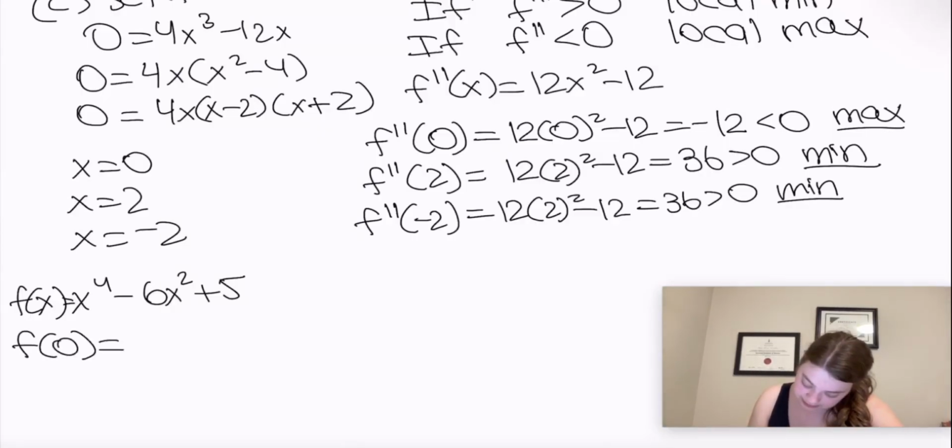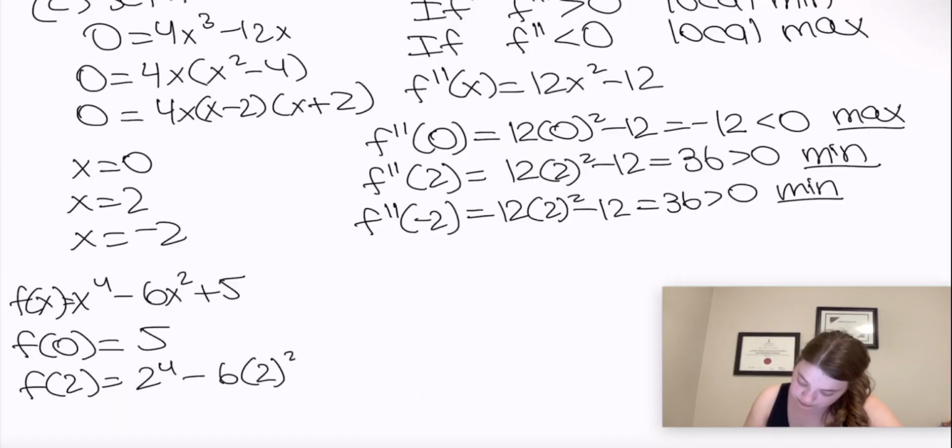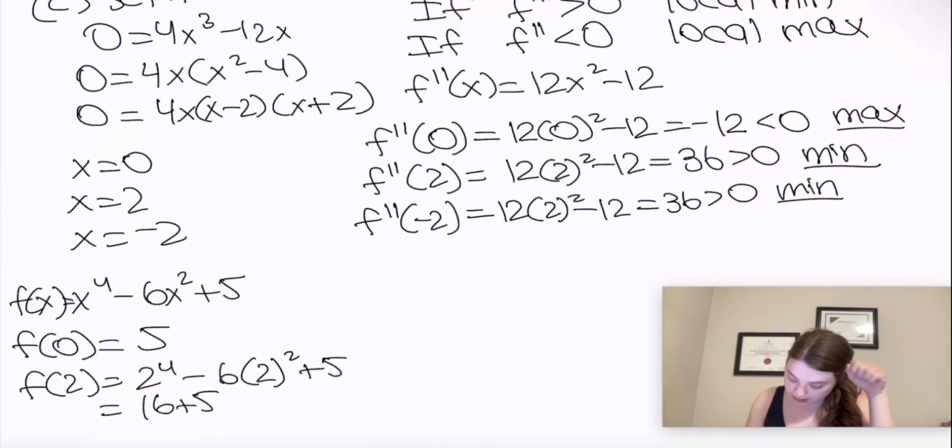So f of 0 is 5. f of 2 is equal to 2 to the power 4 minus 6 times 2 squared plus 5, which is 16 plus 5 minus 24, which is -3. Yep, -3. And then we have that f of -2 would also be -3.